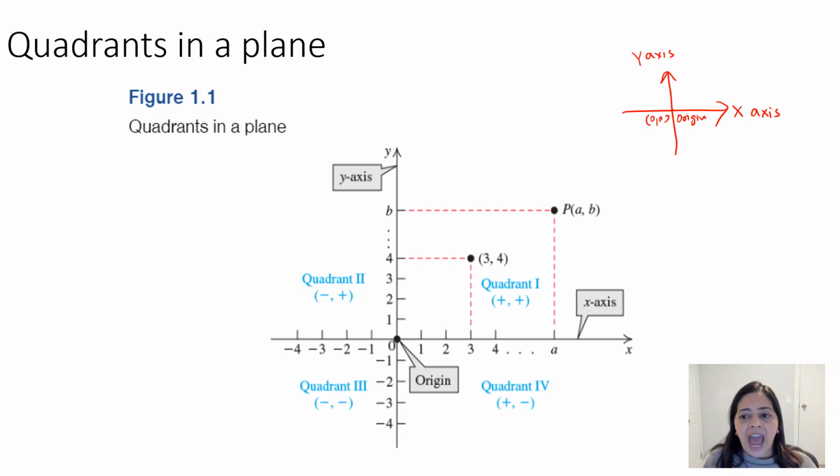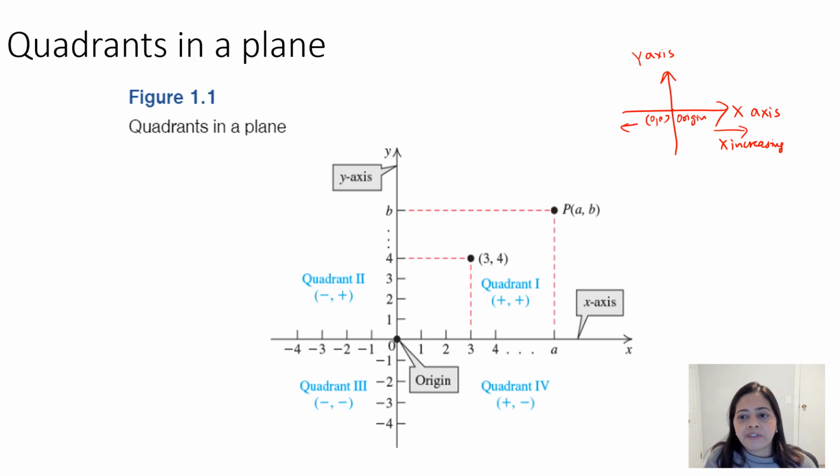That means if you're measuring distances or labeling points, it's all with reference to that specific point, the origin (0, 0). And these arrows indicate the progression of the x numbers. If you're going in this direction, the x values are increasing, meaning your distance from the origin is increasing as you go right. Similarly, if you're going left, your distance from the origin is also increasing, but in a negative sense.